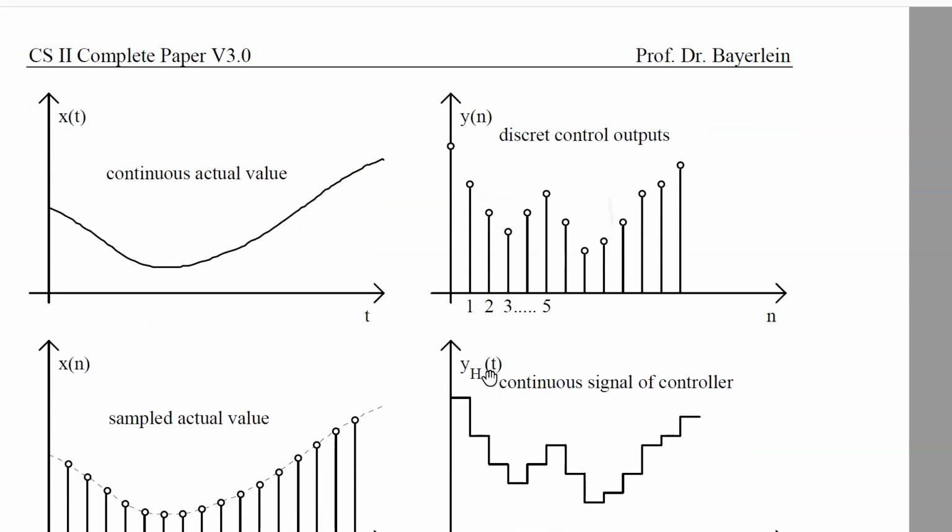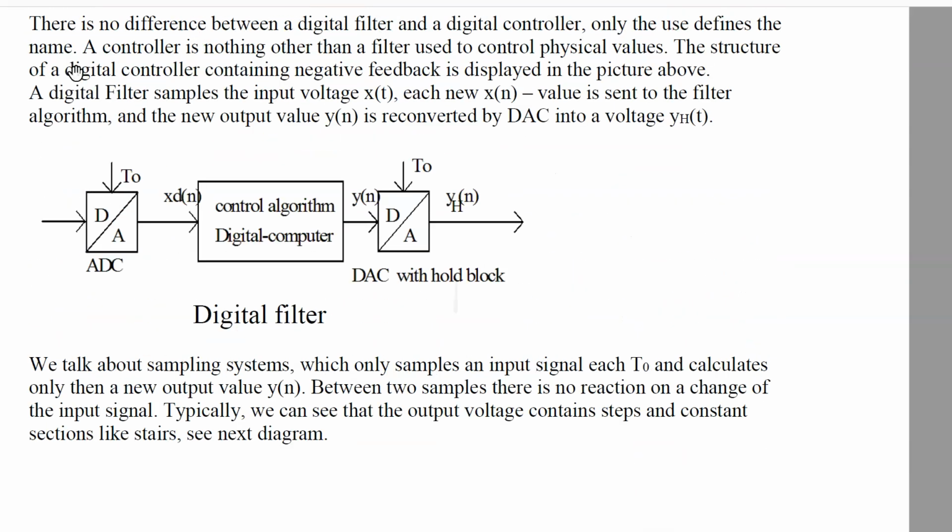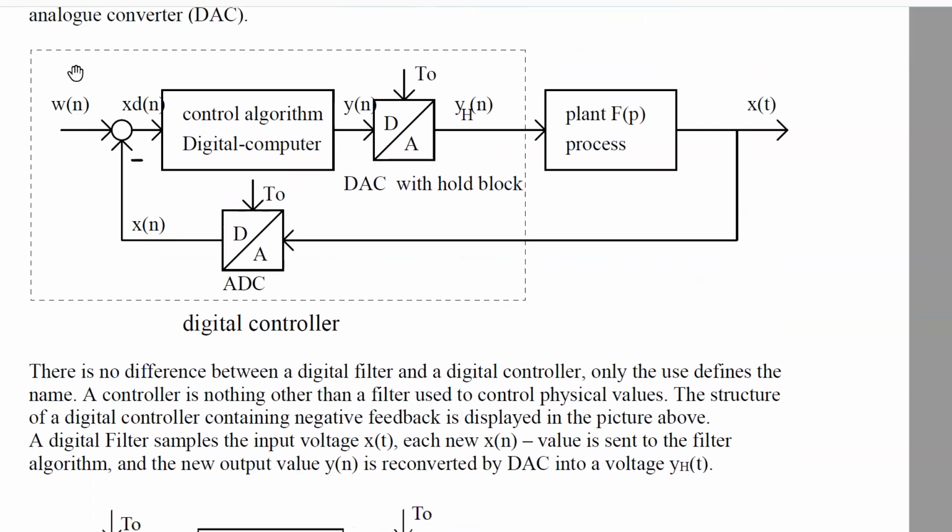There are 4 diagrams presented on this page. Let's have a quick look at these diagrams. On the top left side, this diagram is valued with x of t. Note the letters I use in control systems; maybe this is different in some other literature.